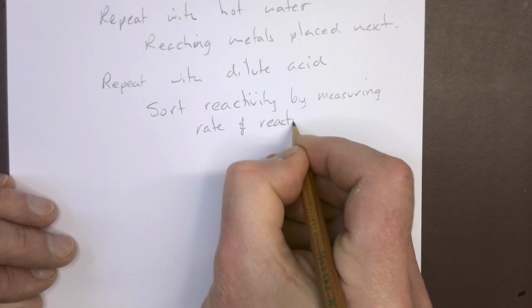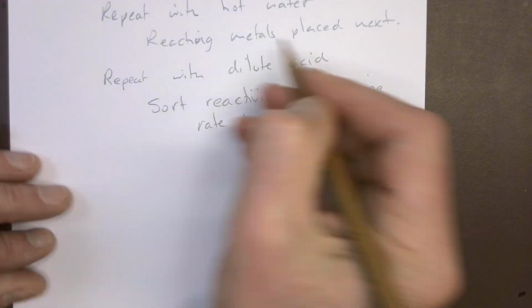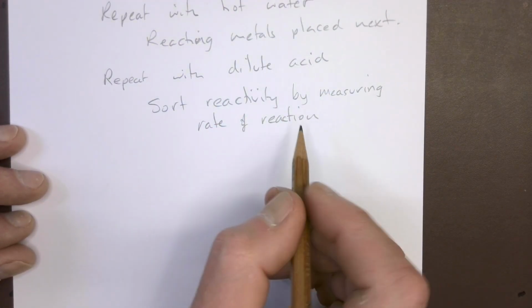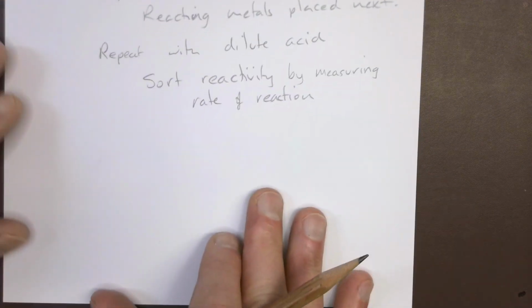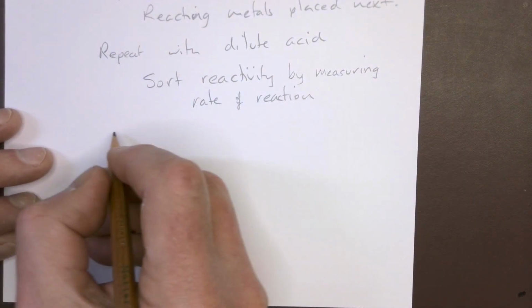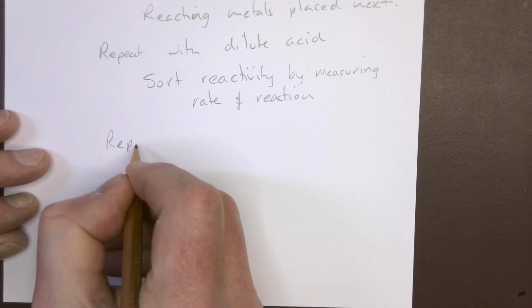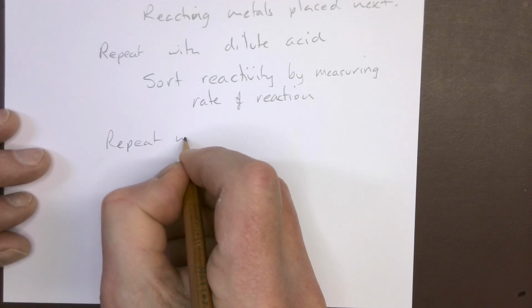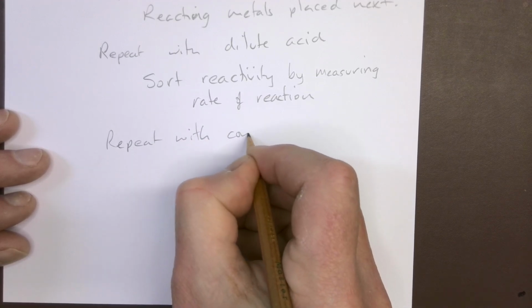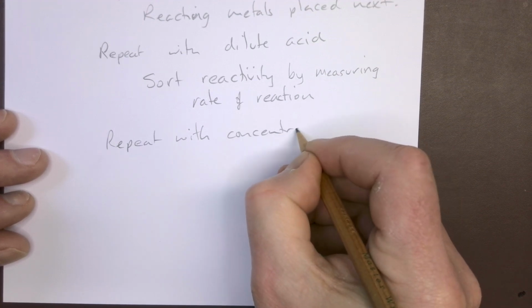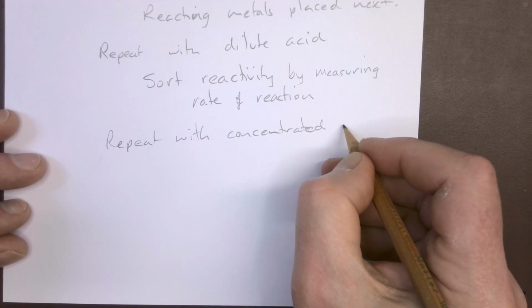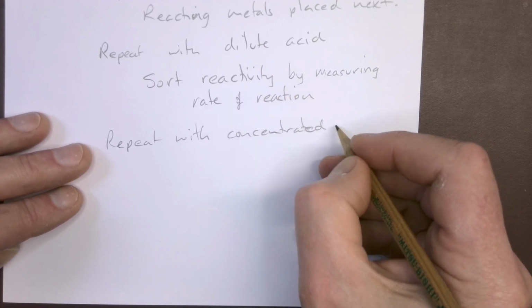That's if there's more than one, and we would have to do that maybe for all of these, sort reactivity by rate of reaction, but as long as you put these in without getting too confused, and then repeat if necessary with concentrated acid. Yeah, again, using our rate of reaction knowledge, we know that a higher concentration will increase the rate of reaction and probably start a reaction.